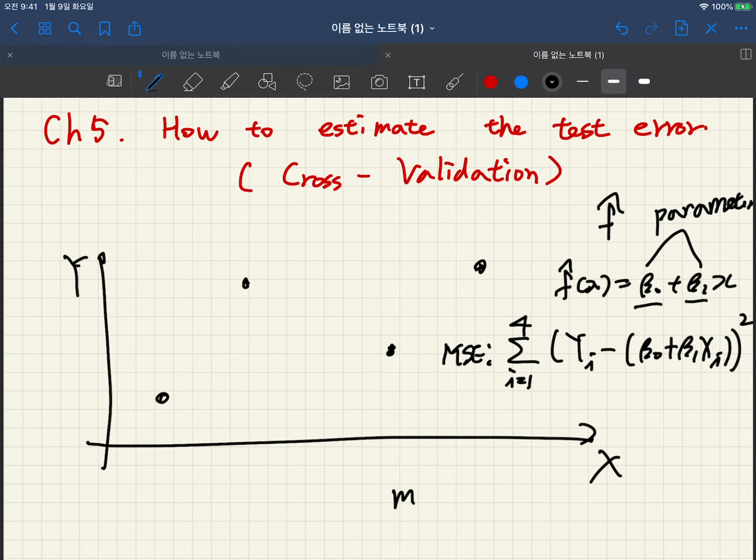So we want to minimize the MSE loss function, and essentially the MSE loss function is a function of beta 0 and beta 1, and we can control beta 0 and beta 1. So the learning process is the process of finding beta 0 and beta 1 that minimize the MSE loss function. So this is called parametric learning, and maybe the result is this.